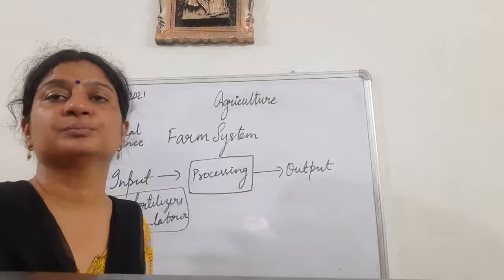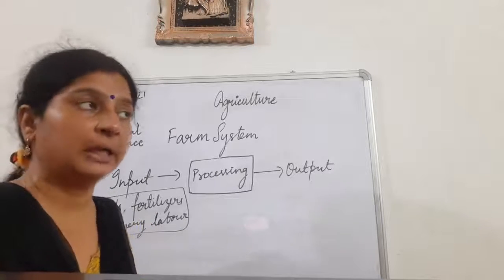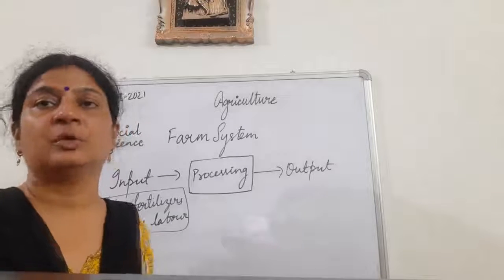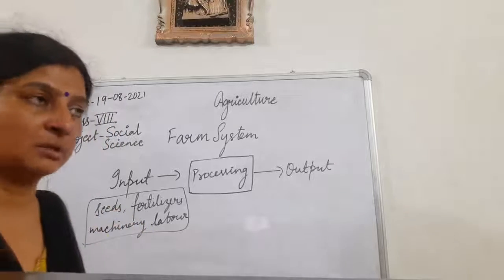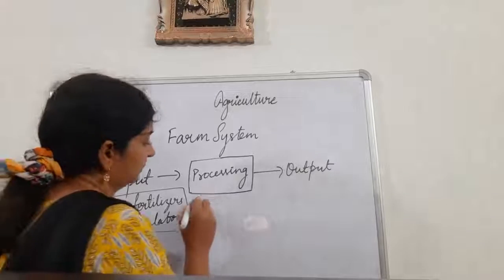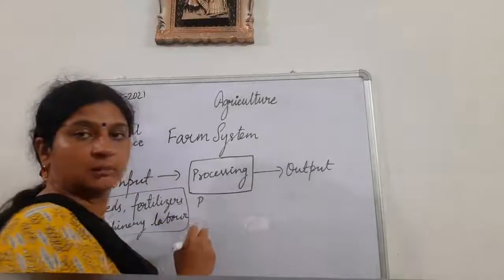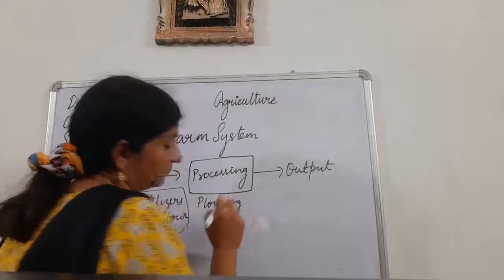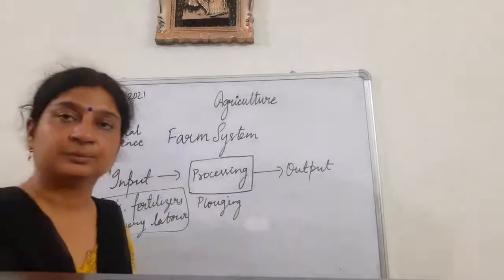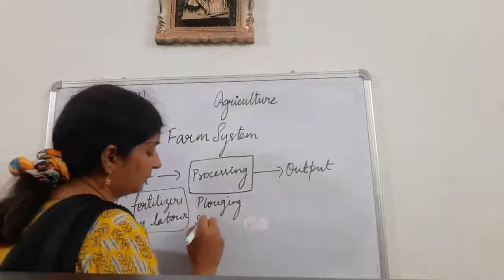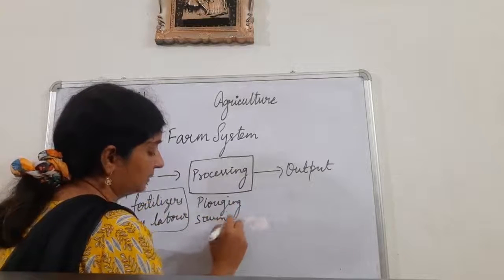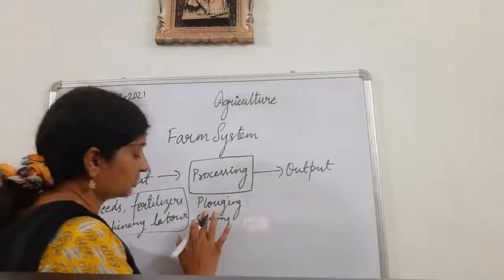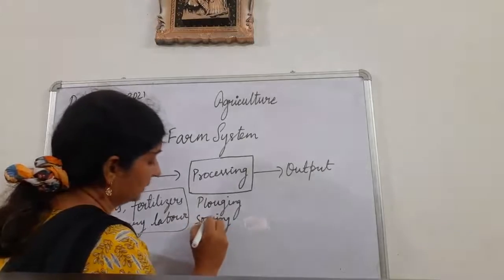So what are the operations held under processing, like plowing, sowing, irrigation, weeding, and the last operation is harvesting. Plow चलाया, उसके बाद सीड को sow कर दिया, then irrigation की जरूरत पड़ेगी, उसमें पानी डालने की जरूरत पड़ेगी.